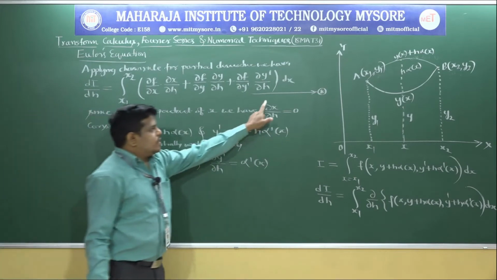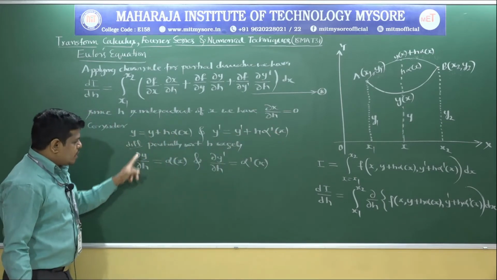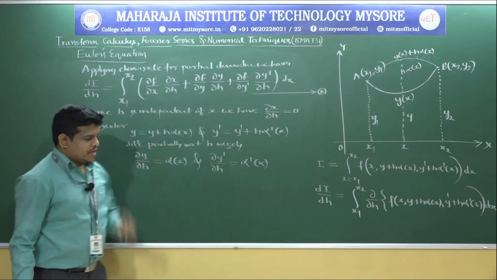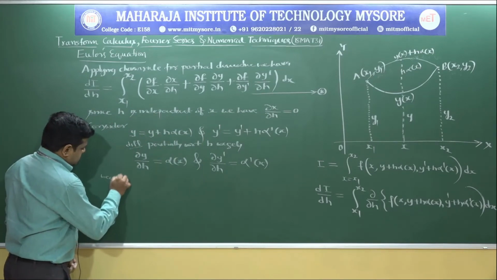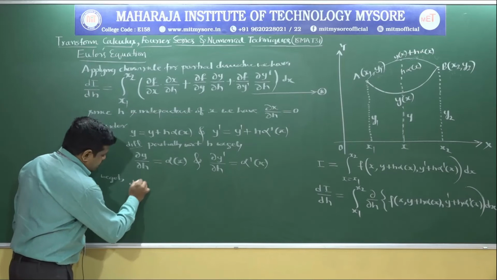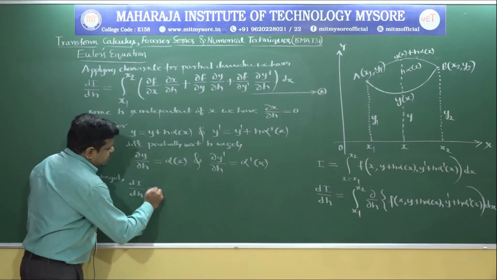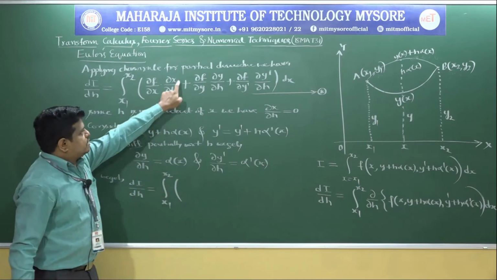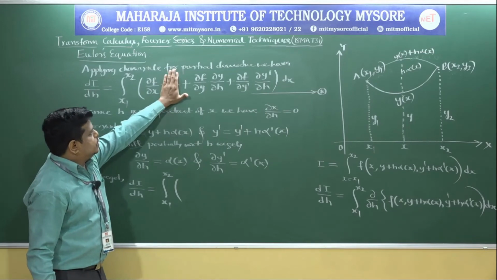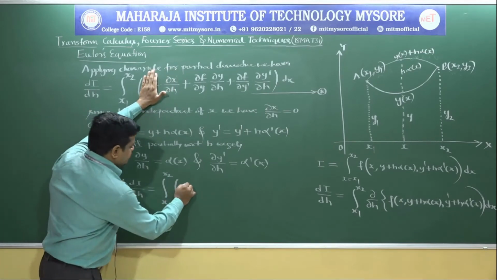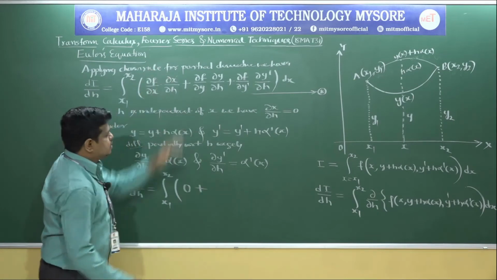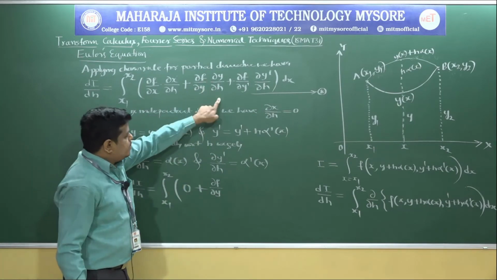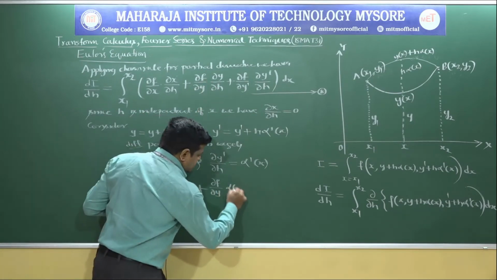Now substituting the values of dou x by dou h, dou y by dou h and dou y dash by dou h in equation star, we get dI by dh equals the integral of x running from x1 to x2. In the first term, since dou x by dou h is 0, 0 into dou f by dou x also becomes 0. Therefore, the first term vanishes. Next, plus dou f by dou y into dou y by dou h, which is alpha of x.